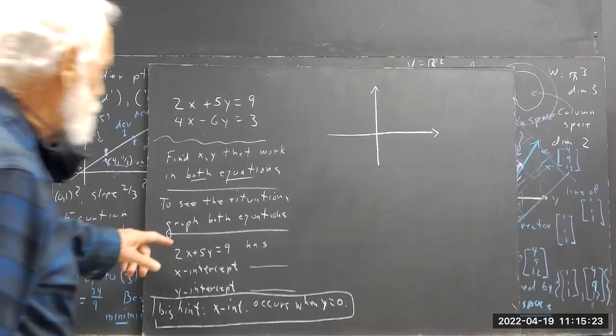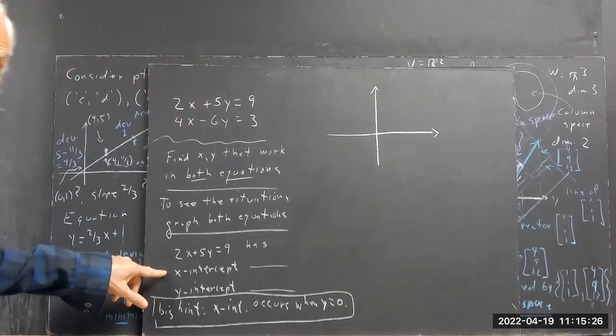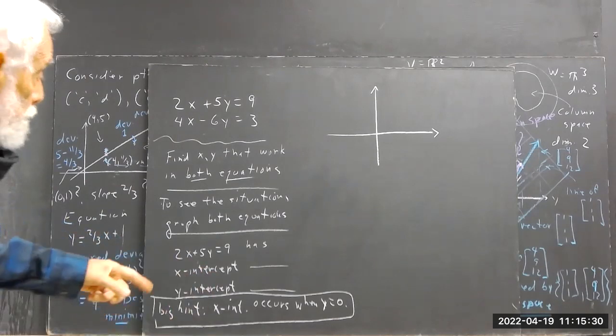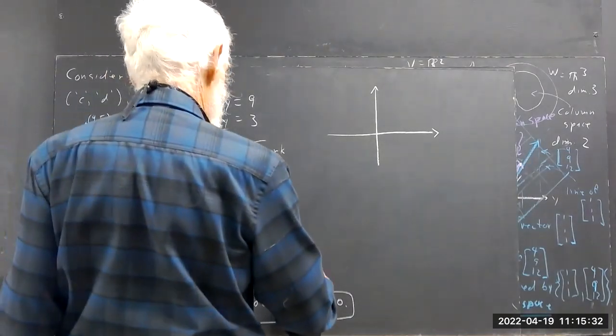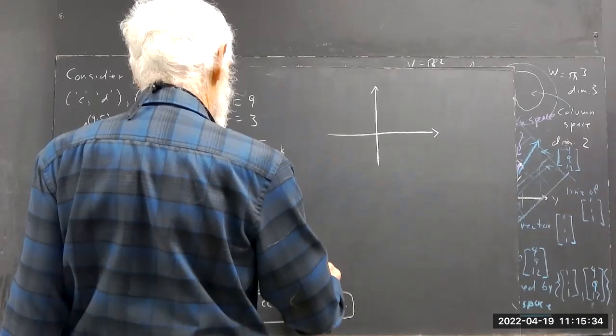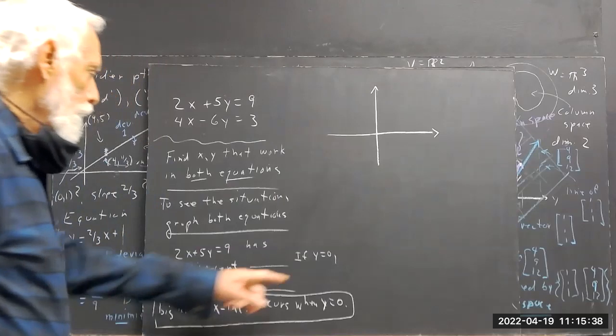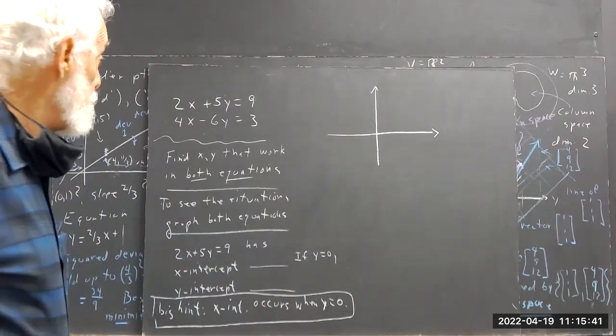Okay, I'm going to go ahead and do this first one. The x-intercept is what? The x-intercept happens if y equals 0.